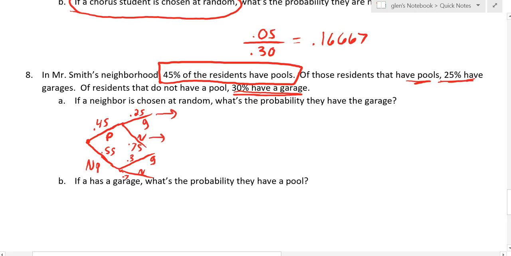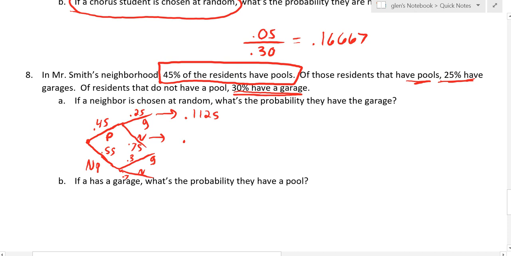So, 0.45 times 0.25, I don't know what that is. Help me out here. What's 0.45? 9 out of 20 times a fourth, 9 out of 80. Just multiply that out for me. 0.45, point what? Cool. And 0.45 and 0.75?